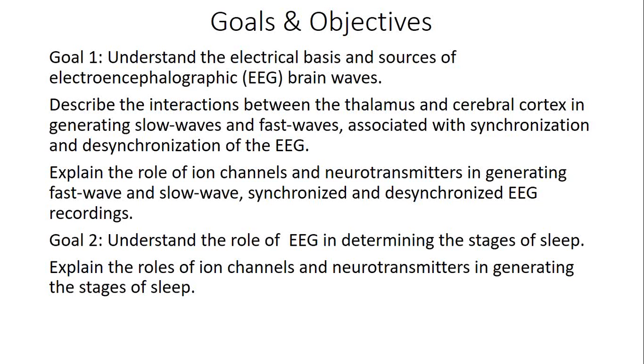So here are the goals and objectives, which I think were distributed, what we want to accomplish: to understand the electrical basis of the EEG and all the technicalities of how ion channels and neurotransmitters are interacting to produce fast wave and slow wave, synchronized and desynchronized EEG recordings.